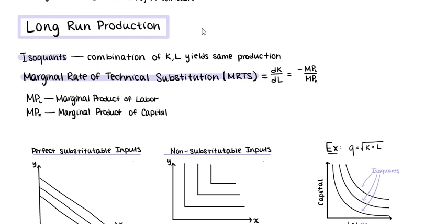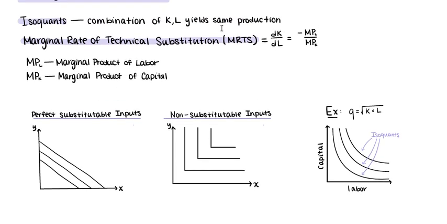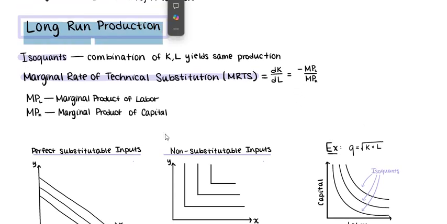So just like MRS, we also have the marginal rate of technical substitution, MRTS. That is negative the marginal product of labor over the marginal product of capital. It's MRTS, in long run production.